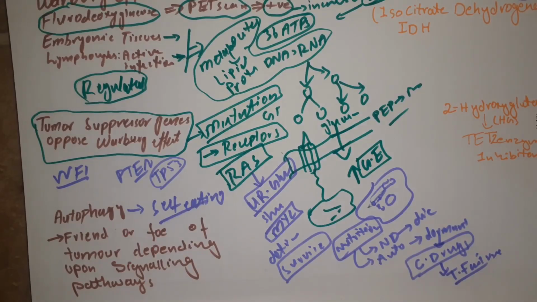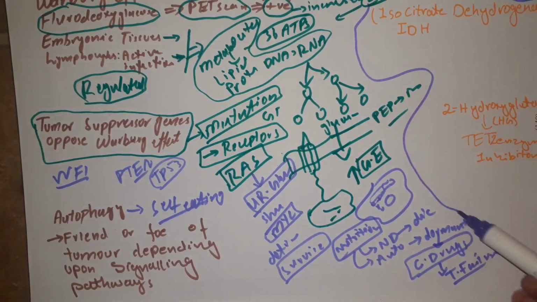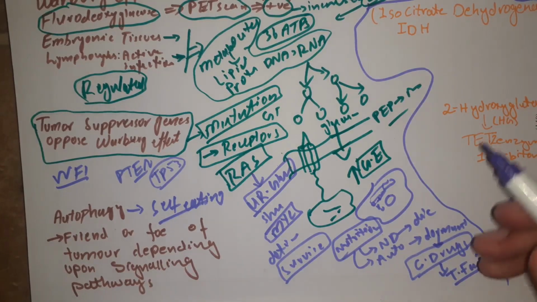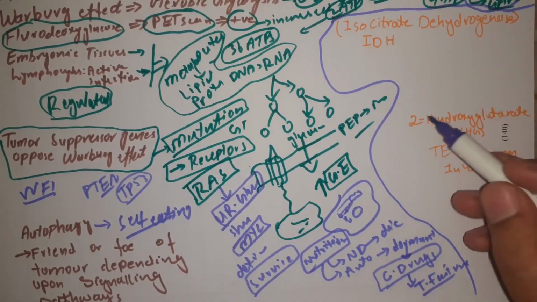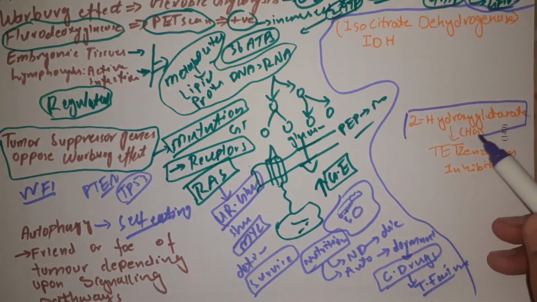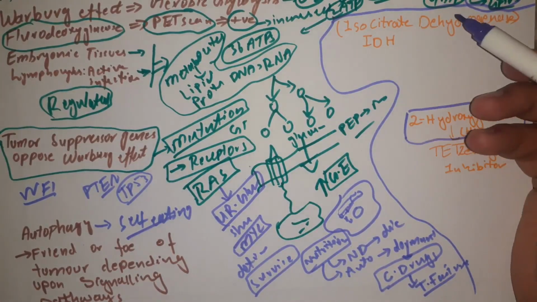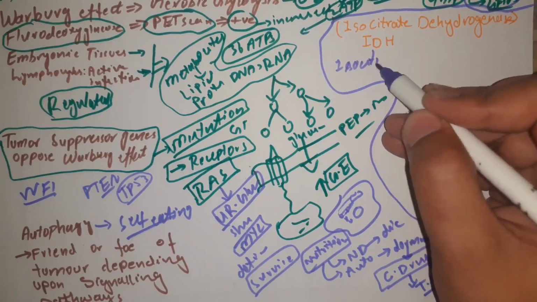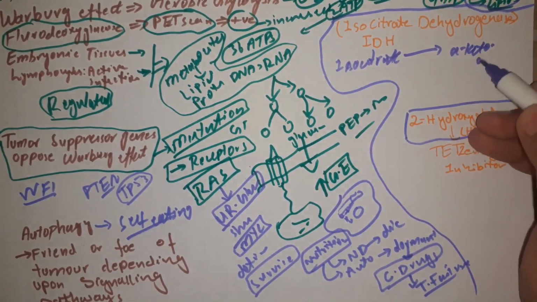Moreover, the cancer cell also shows a special kind of metabolism, you can say oncometabolism, which can lead to the production of oncometabolites. One principal oncometabolite we will discuss here is 2-hydroxyglutarate. There is an enzyme called isocitrate dehydrogenase (IDH), which is involved in the Krebs cycle, and it converts isocitrate to alpha-ketoglutarate.